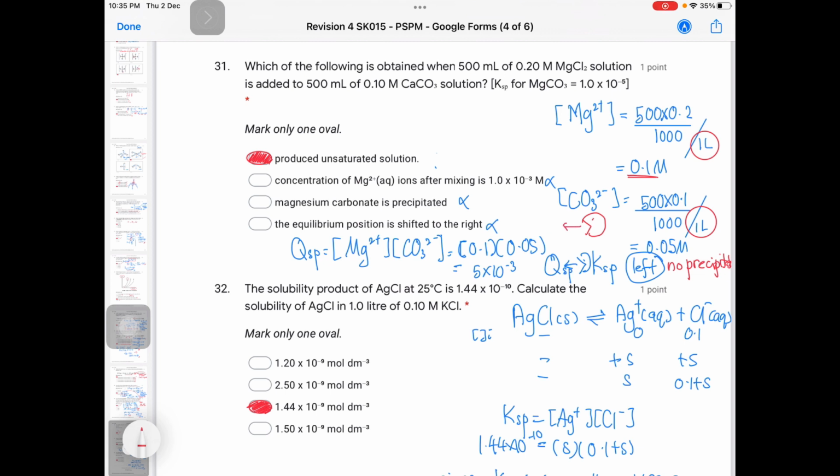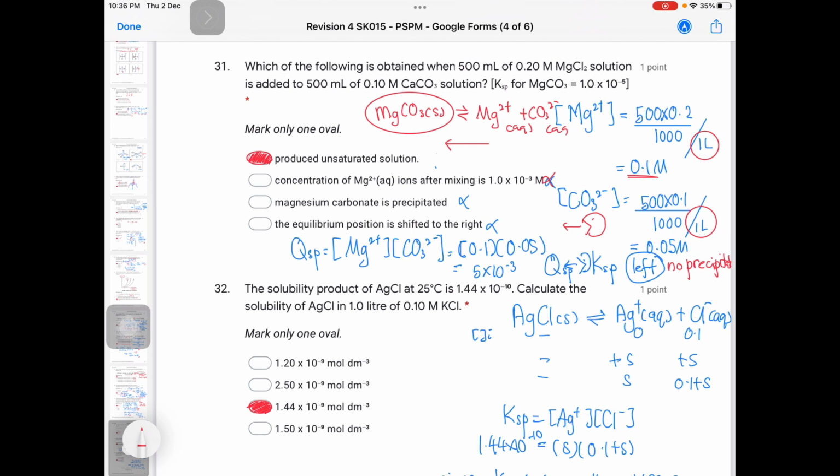So if it is on the left side, it produces an unsaturated solution. Concentration of Mg2+ ion after mixing is 1. Okay, this is wrong. Magnesium carbonate is precipitate. Sorry, if we look at the left side, MgCO3 solid produces Mg2+ and CO3 2- aqueous. If it shifts to the left, it means there is precipitate.